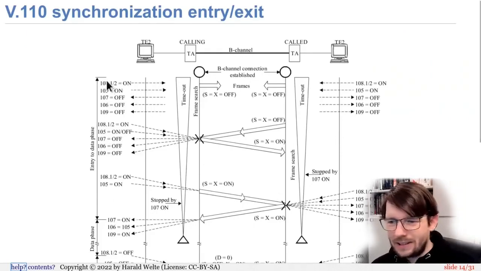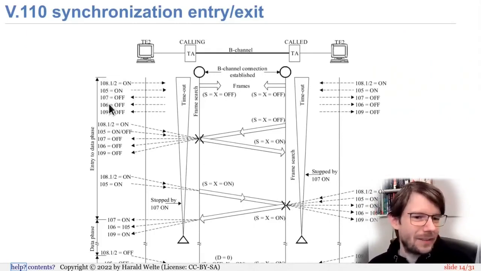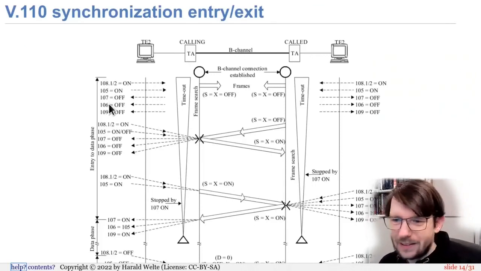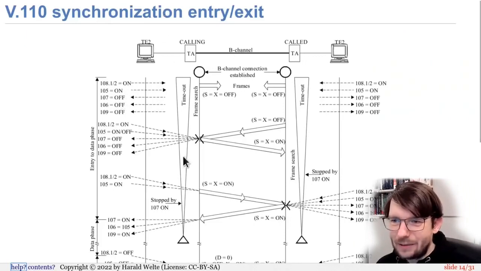If you're not familiar with ITU specs, these strange numbers, 105, 107, 106, 109, these are the circuit numbers from ITU specifications for serial circuits. They basically are your RTS, CTS, DSR, DTR, CD, and so on from RS-232.